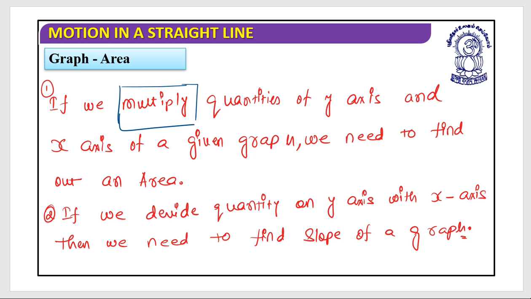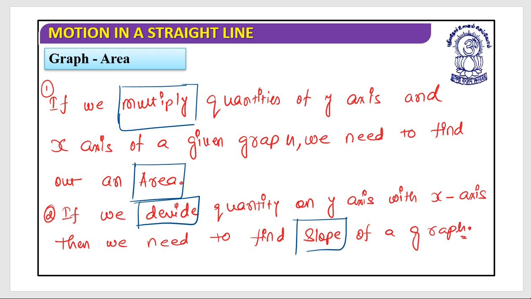If we multiply the quantities on y and x on a given graph, what we require is the area of that graph. But if the relation tells me that I need to divide these quantities, then I need to find out the slope.